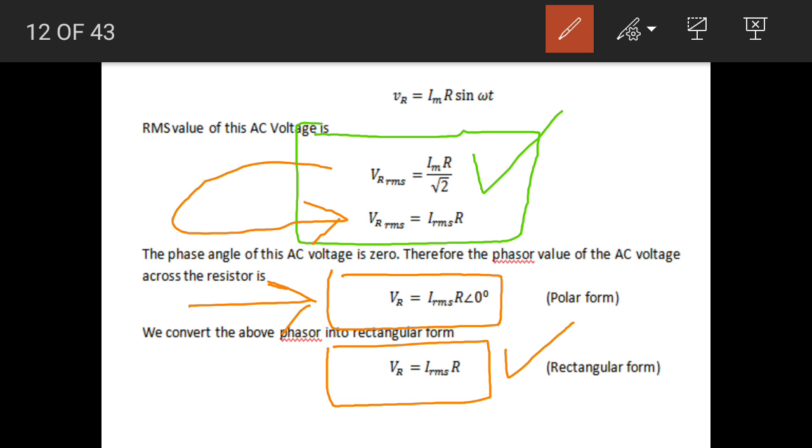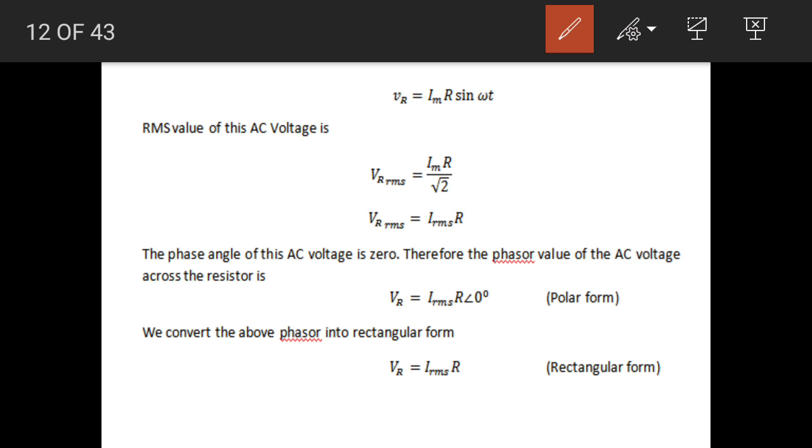So this voltage is a real phasor. We know that all the real quantities are taken along x-axis, so the phasor for the voltage across the resistor will be along x-axis because the voltage across the resistor is a real phasor.